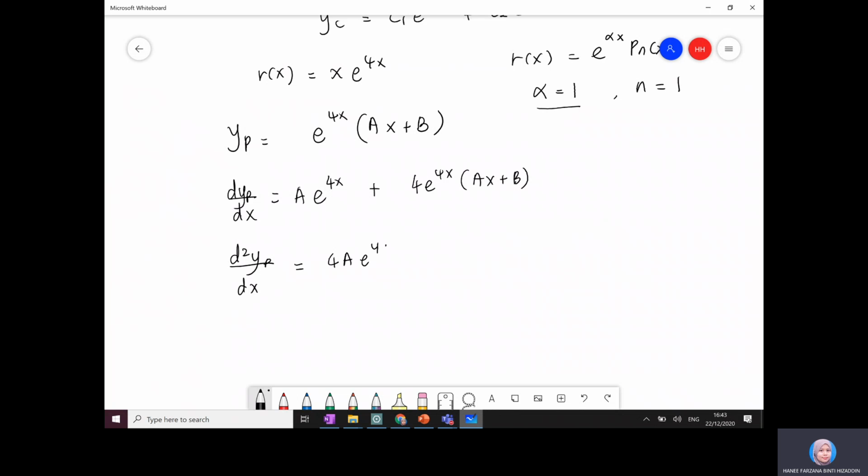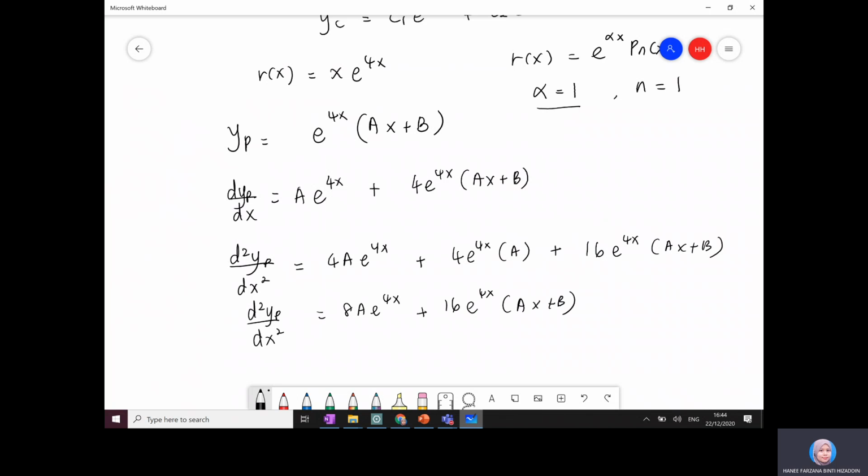For a e^4x, but the second term you need to do some product rule. Okay, so then your second derivative is 8a e^4x plus 16e^4x times ax plus b.